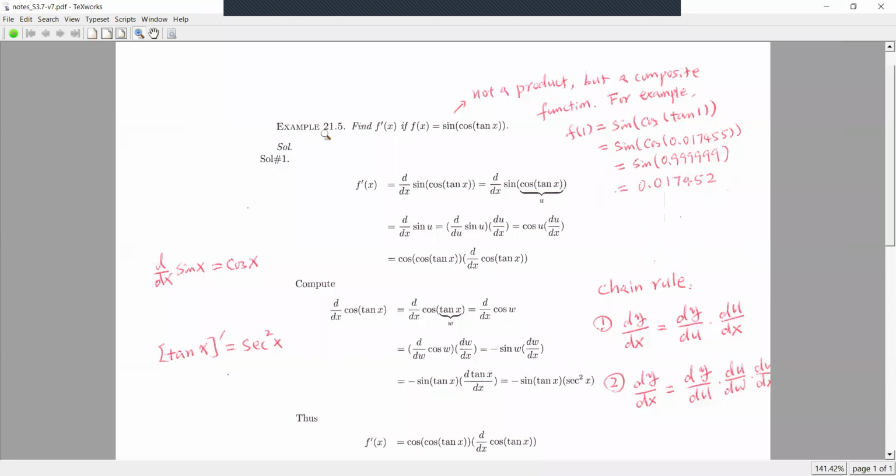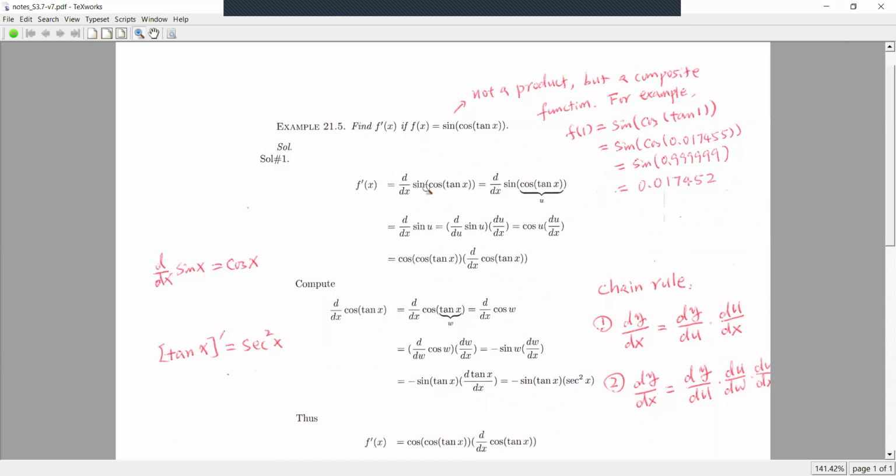Now, move back to example 5. I have presented one solution to this example. Actually, this example has a second solution. In the second solution, I use the chain rule with multiple intermediate variables to solve the problem.